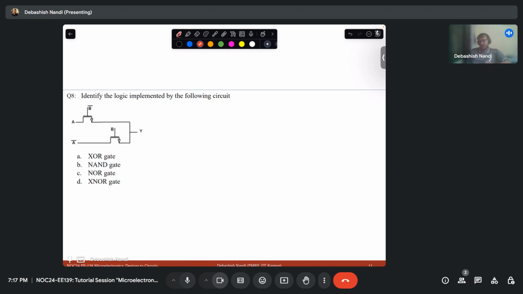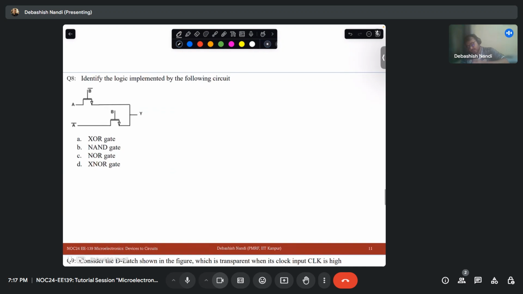So this problem states: identify the logic implemented in the following circuit.